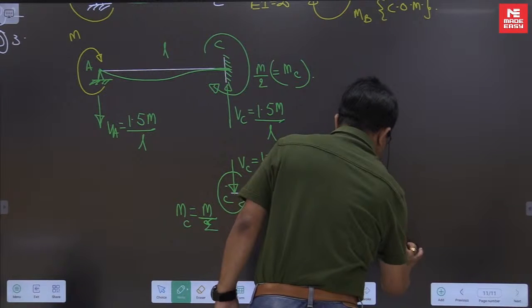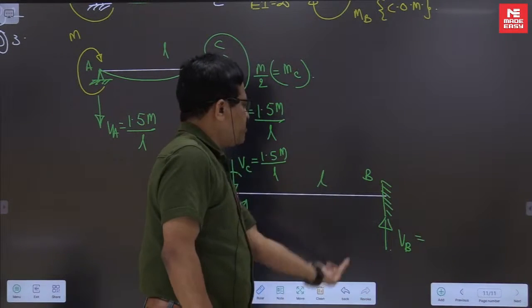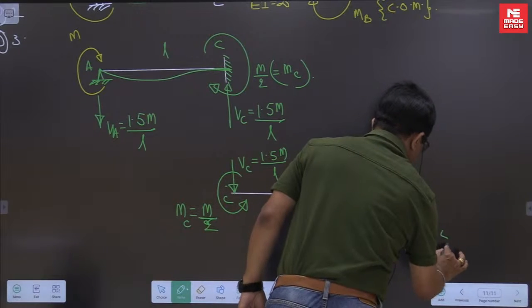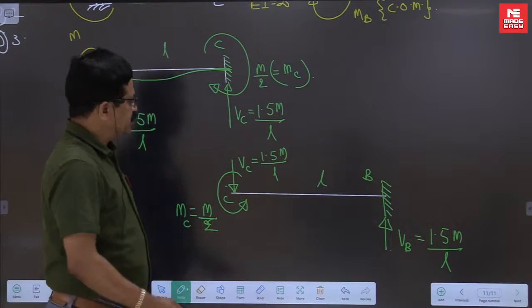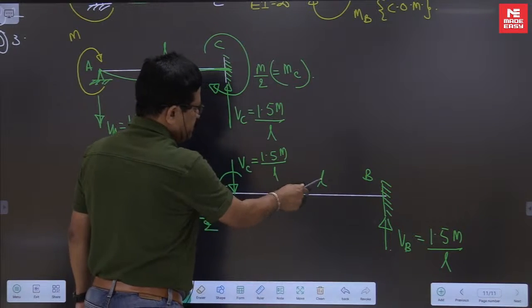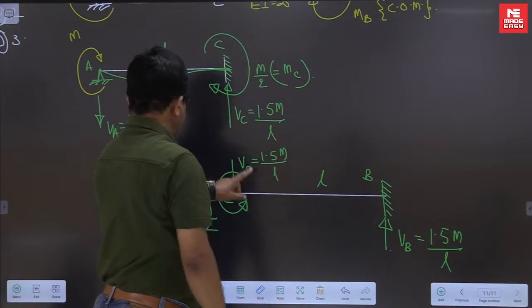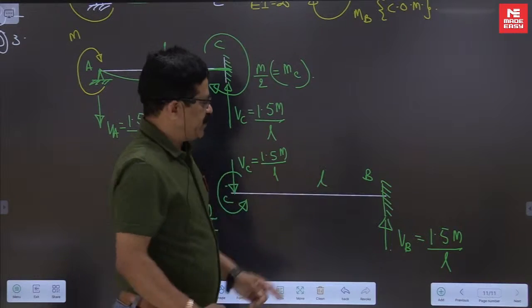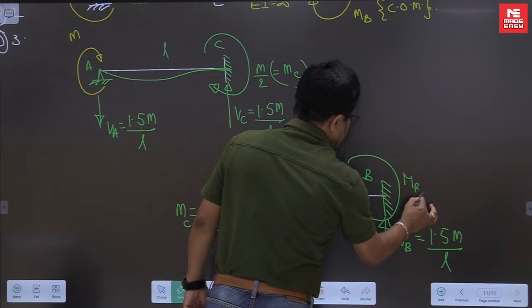Sigma Y equals 0: 1.5 M by L down, 1.5 M by L up, so sigma Y equals 0 is satisfied. Then sigma M: 1.5 M by L into L is anticlockwise 1.5 M, and anticlockwise 0.5 M. So to balance it, the clockwise moment MB is 2M.